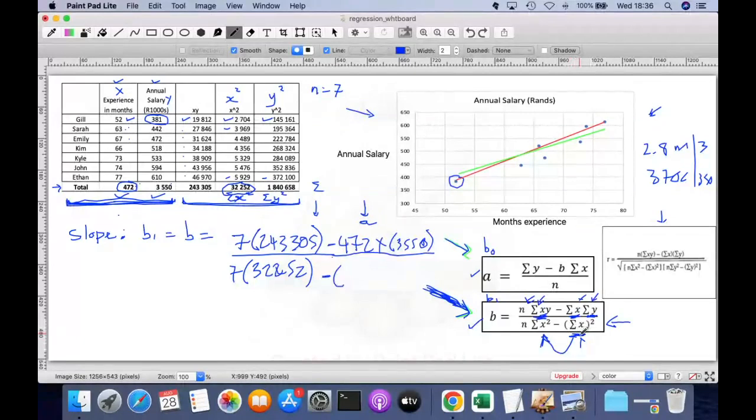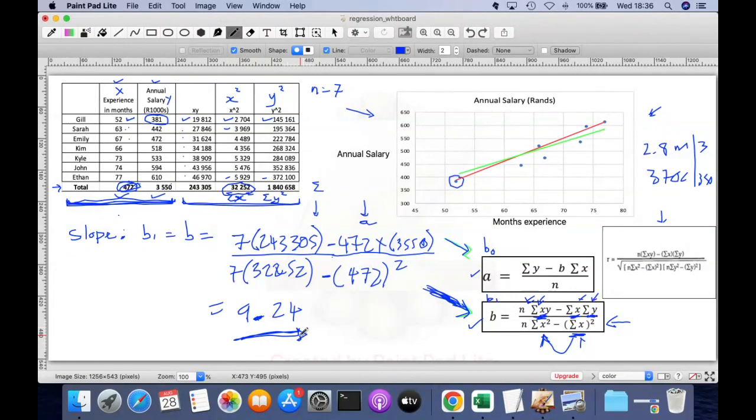This one tells you to sum up the x first and then square it. That's why it has brackets around the sum x. It's 472 all squared. If you plug it into your calculator, you should get a value of 9.24, rounded to 2 decimal places.